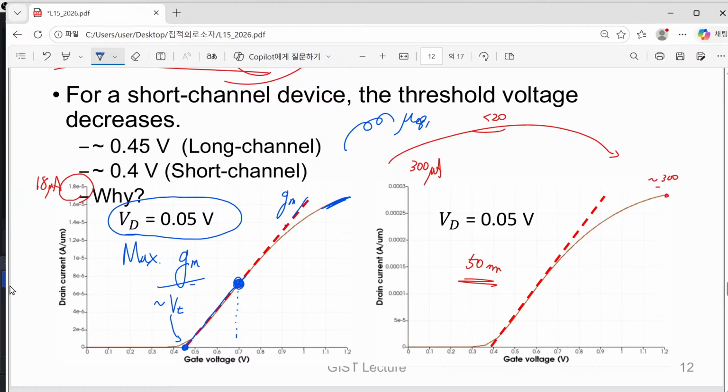This kind of approach or extraction method is typically called the GM max method, and it was previously quite frequently used to estimate threshold voltage of our transistor. But nowadays things are a little different. But anyway, this is one way to estimate threshold voltage.